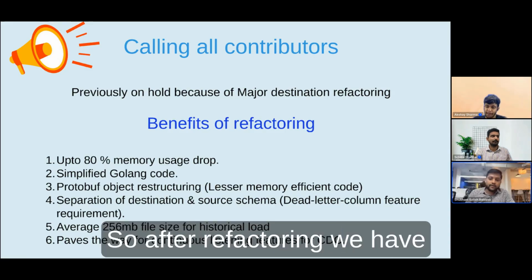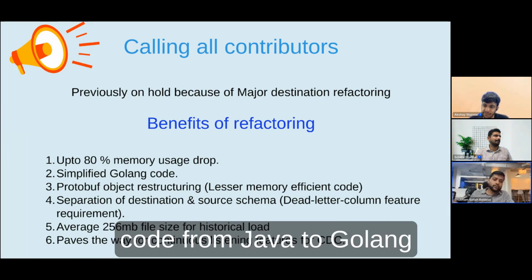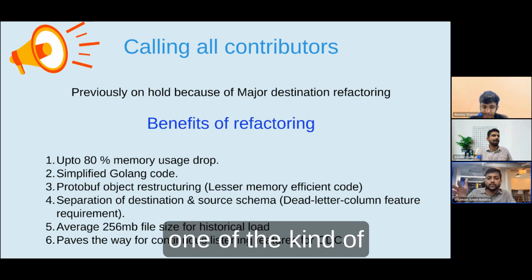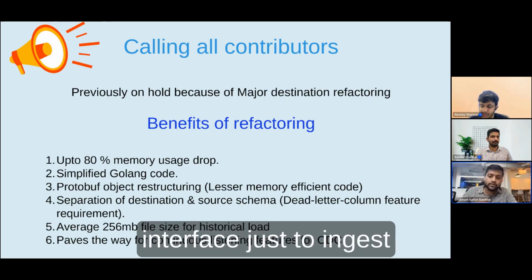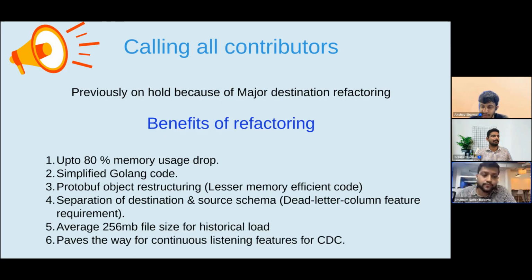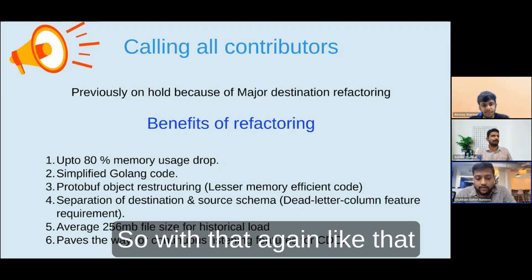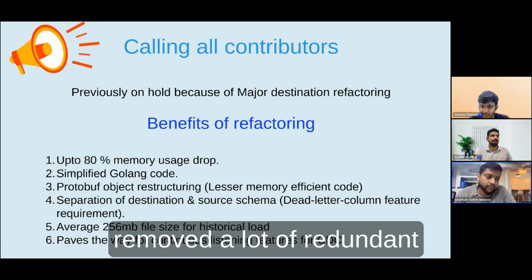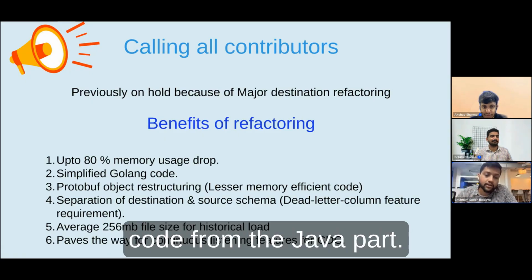So after refactoring, we have moved the major amount of code from Java to Golang, and Java is now acting as a kind of dummy interface, just to ingest the data into Iceberg. That removed a lot of redundant code from the Java part.